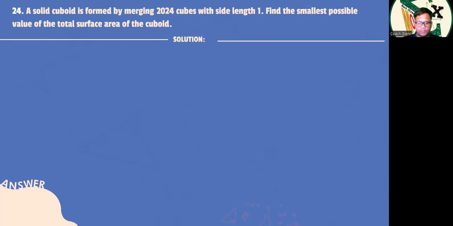So to get the smallest possible total surface area, that means we need to make sure that the dimensions are as compact as possible. So first, let's get the prime factorization of 2024. So that's 1012 times 2. Then 1012, that's going to be equal to 506 times 2. 506 times 2, that's going to be equal to 253.